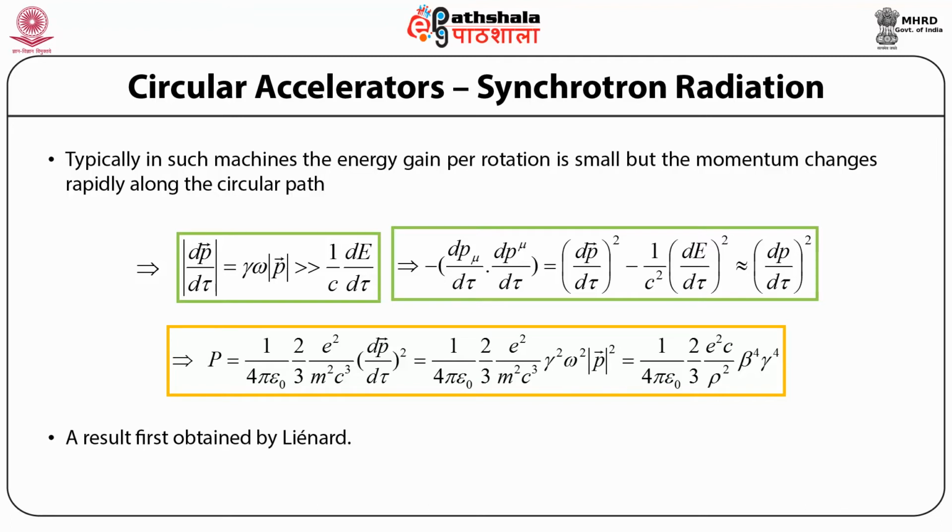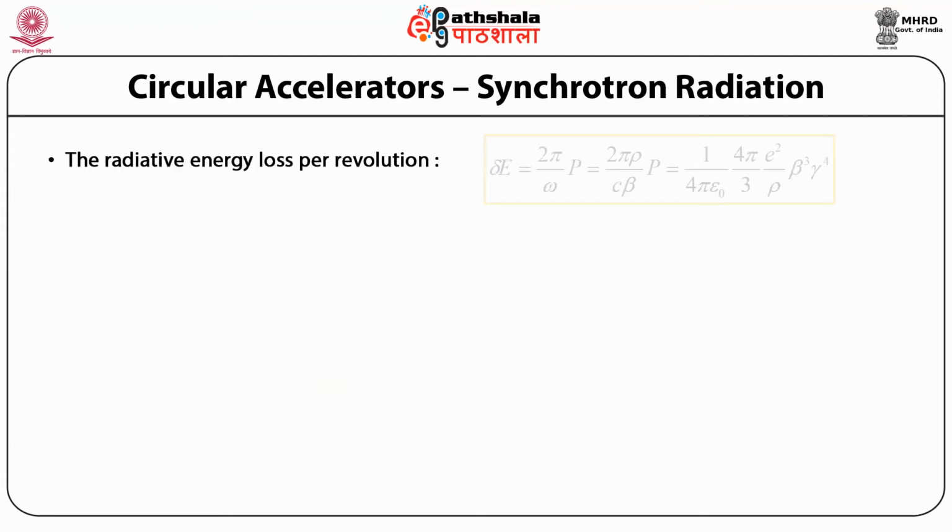So this implies that the power radiated P is equal to 1/(4πε₀) times that expression. The radiative energy loss per revolution, that is ΔE, is equal to (2π/ω)P = (2πρ/cβ)P = 1/(4πε₀) × (4π/3) × (E²/ρ) × β³γ⁴.